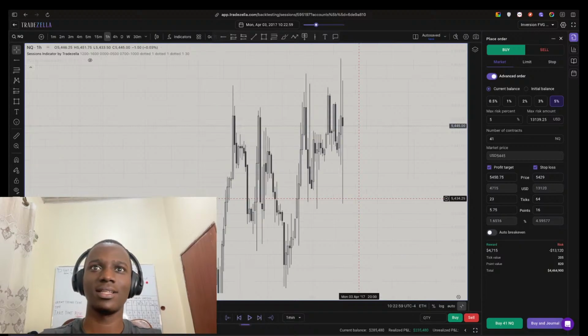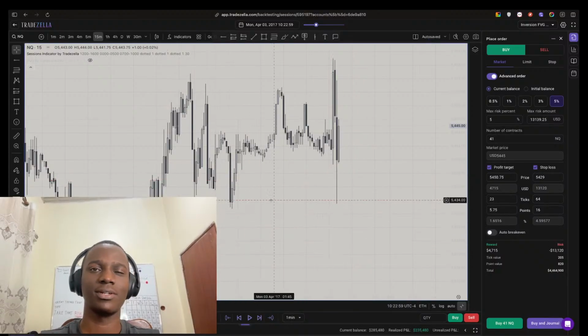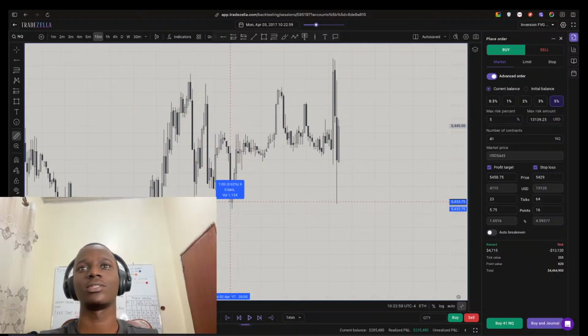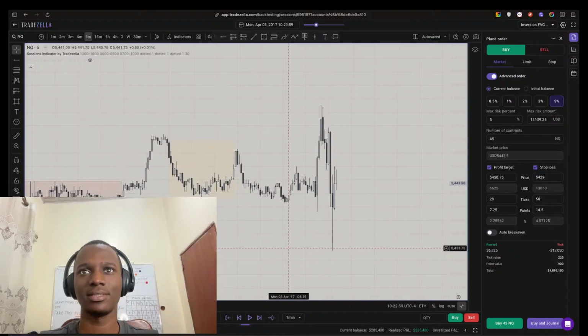But when you check the 15, there is only this inversion, and you can see this low here, this low here, this low here, relatively equal lows as well. Literally liquidity lying around.